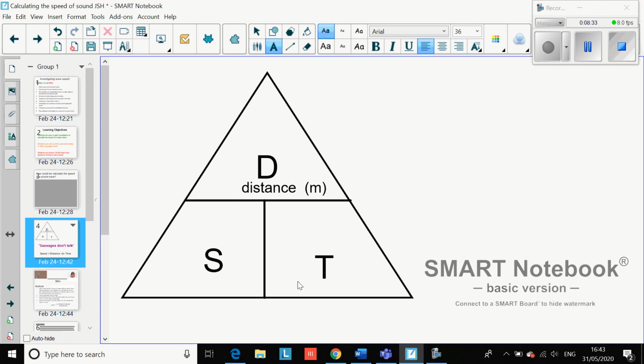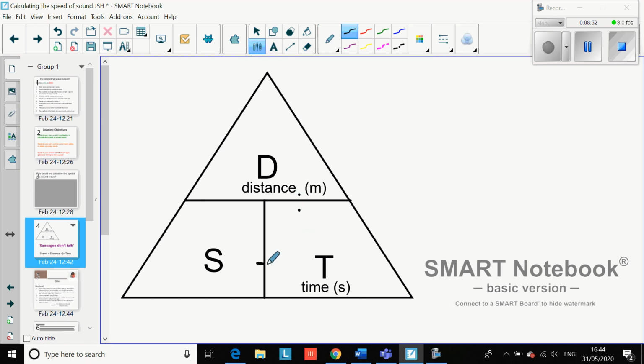The next one, what is T? T is, of course, time. Our standard unit for time is seconds. So distance divided by time equals speed.